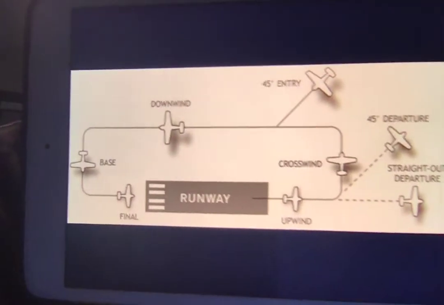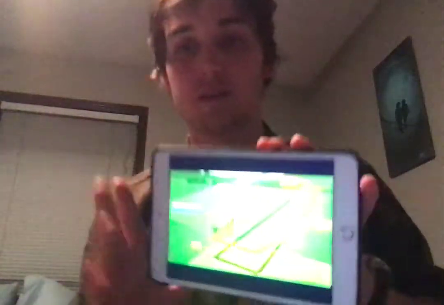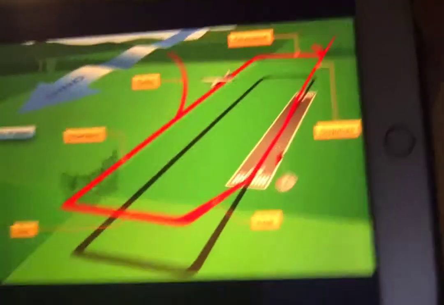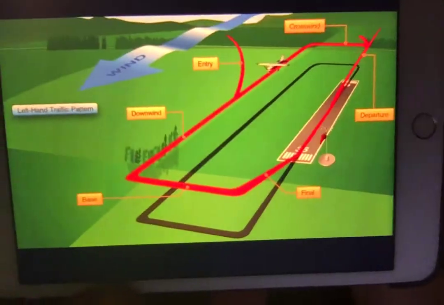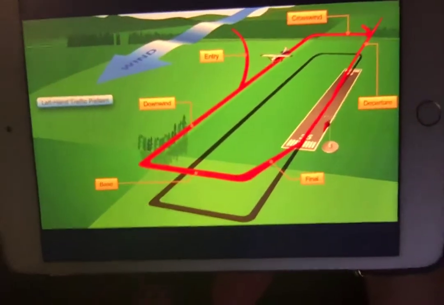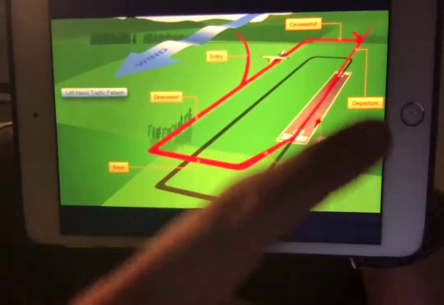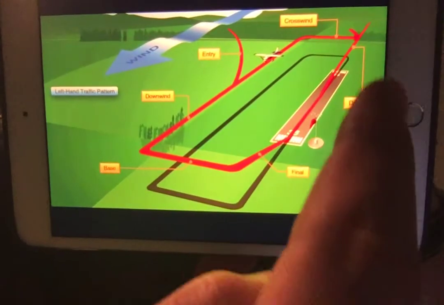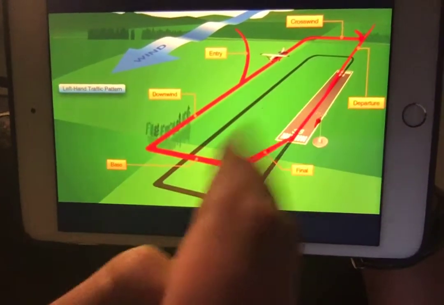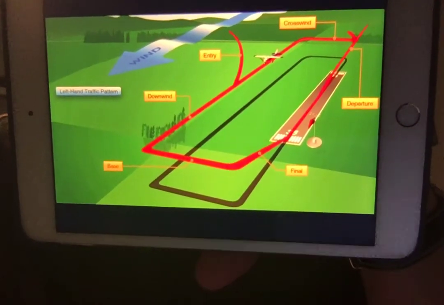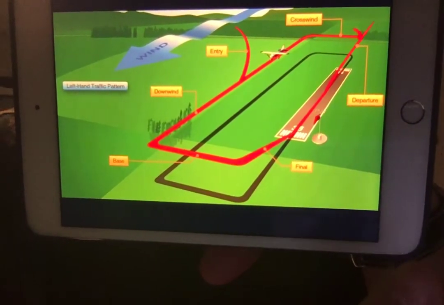Now, in addition, let's get up another infographic right up here, just to give you another look at what we're seeing. The reason downwind is called a downwind is you're typically flying with the direction of the wind, whereas when you want to land, you typically want to fly into the wind.